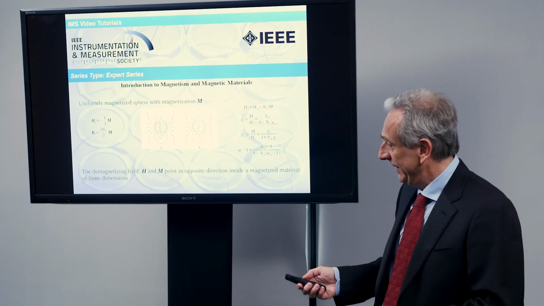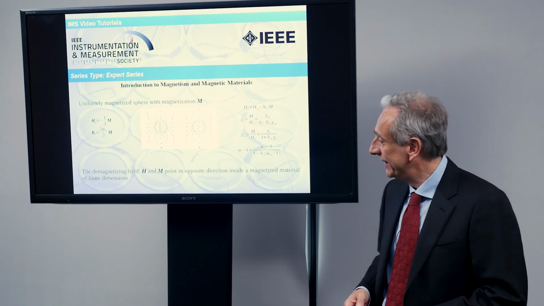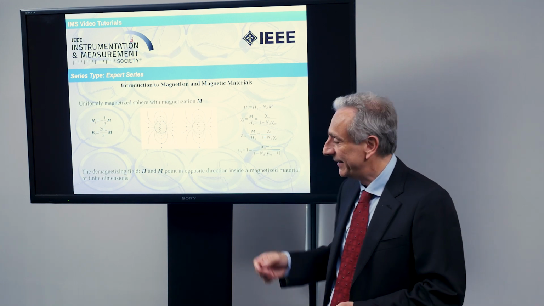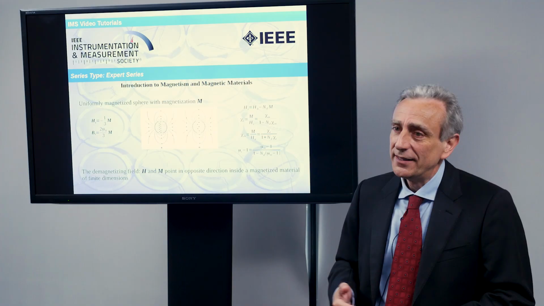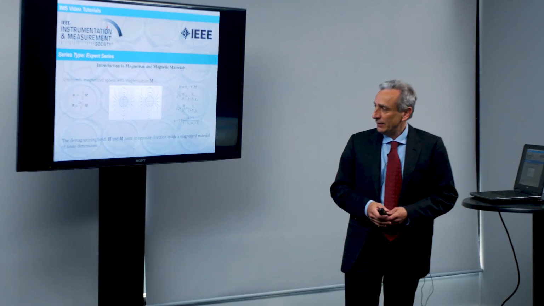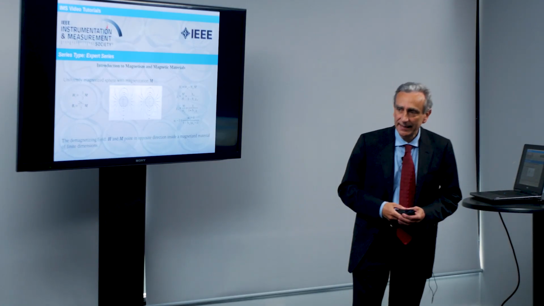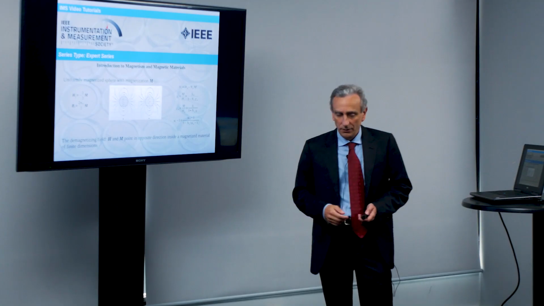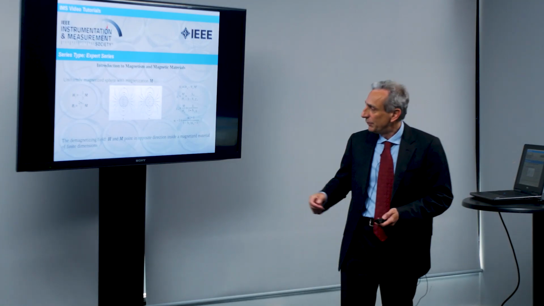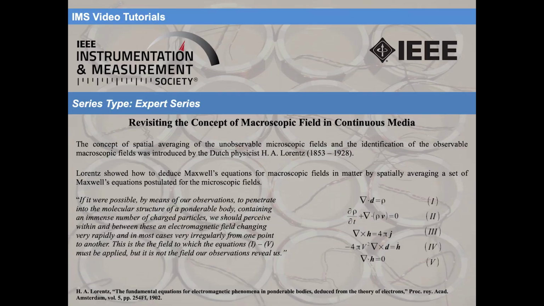And the magnetizing field inside the sphere points in a positive direction with respect to the magnetization. The magnetizing field is important, as you can see here at the right, in order to reconstruct the magnetic permeability as well as the magnetic susceptibility of the material.